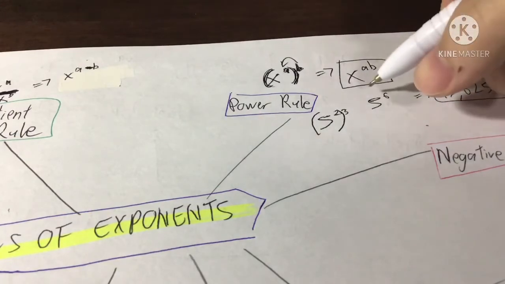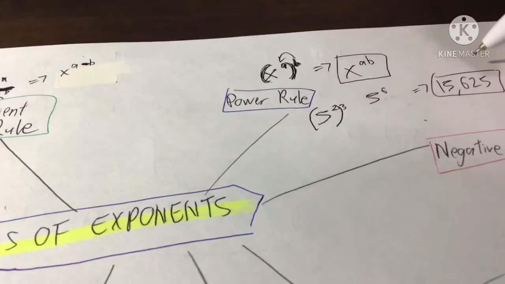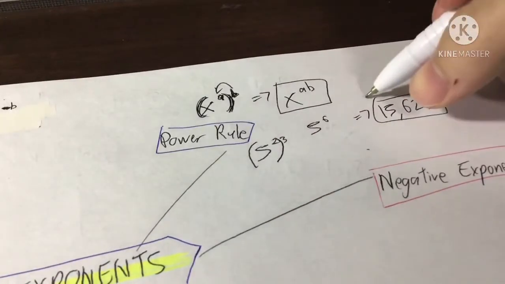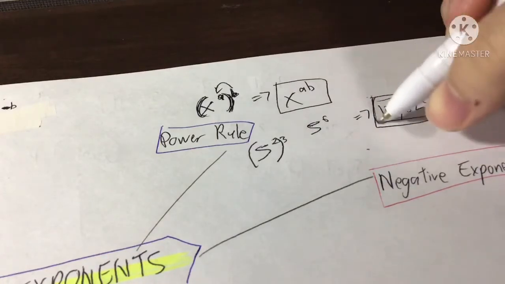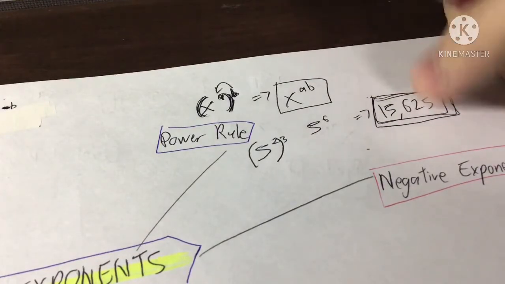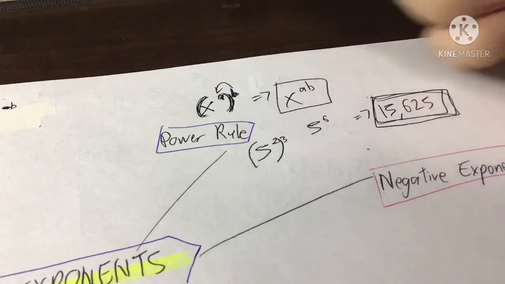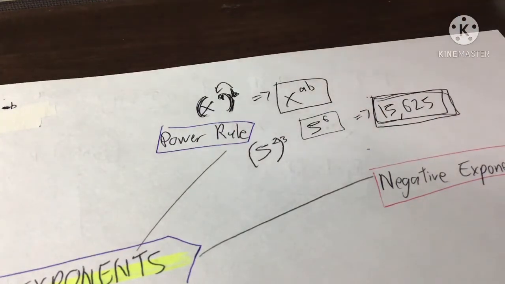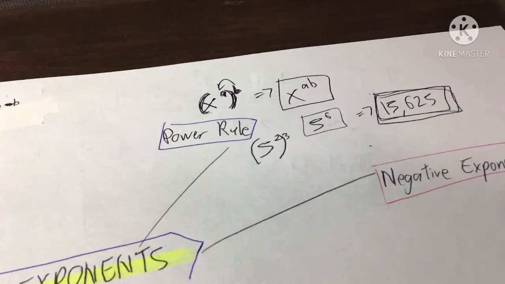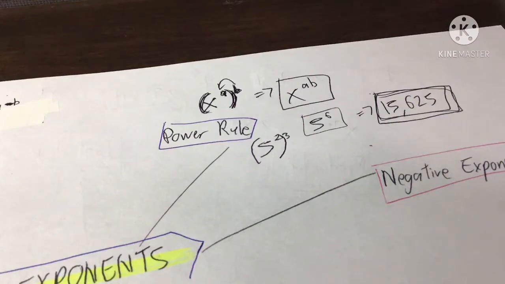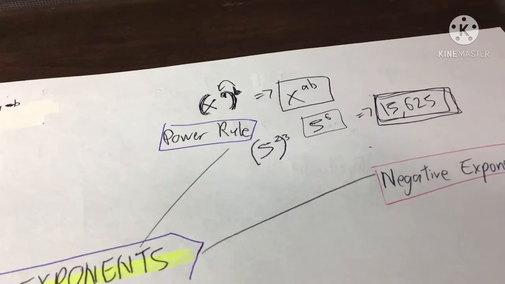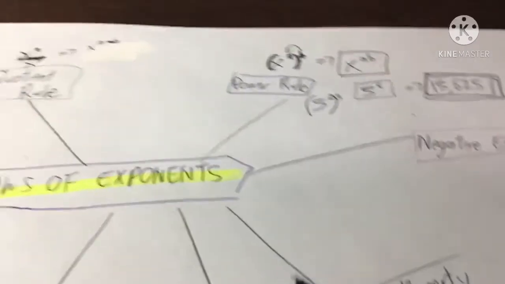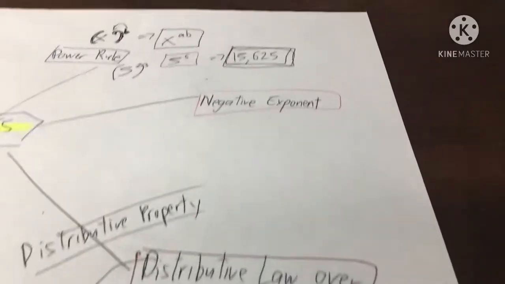If the teacher asks for an answer this high, an oversimplified answer, this is what we get. But if the teacher only asks an answer like this, then so be it. It depends. Every school has a unique rule, and their math teachers have a different perception to the laws of exponents.